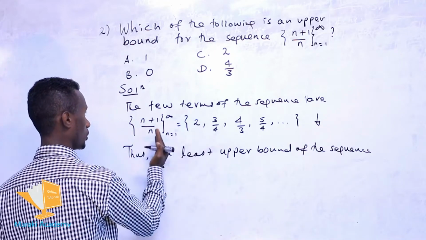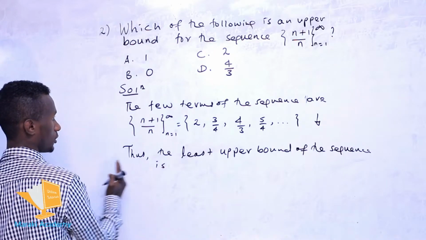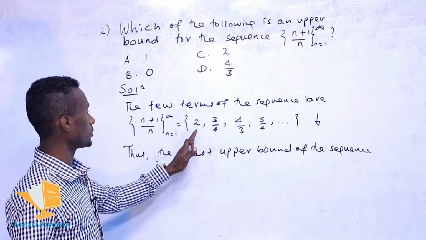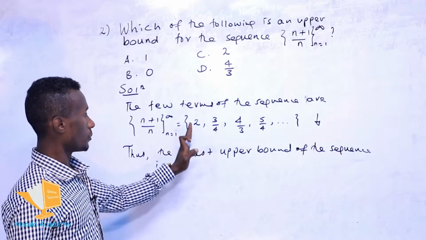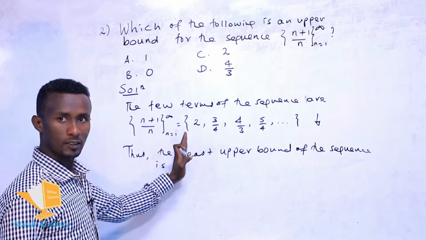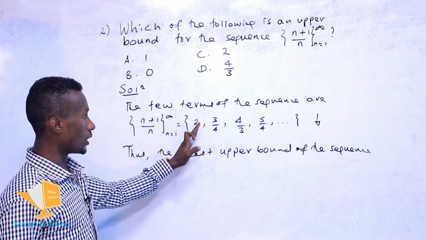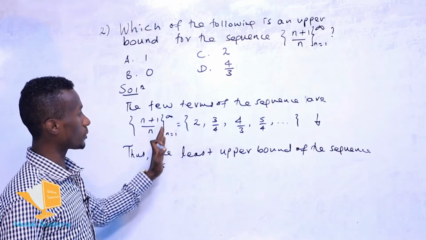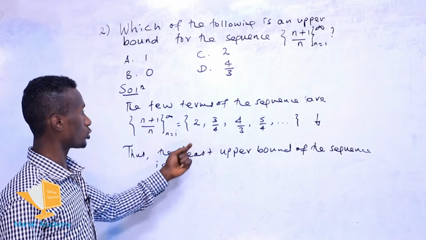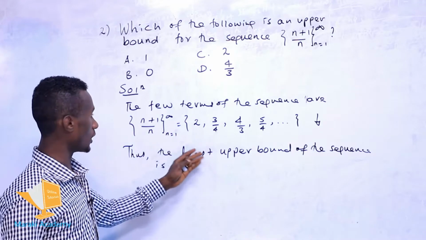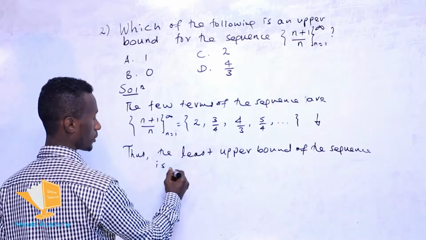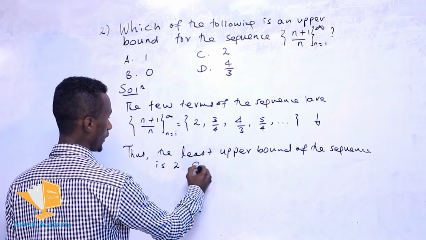This sequence is bounded above by 2, 3, 4, 5, which are all upper bounds, and the smallest of these upper bounds is 2. So the least upper bound of the given sequence is 2.